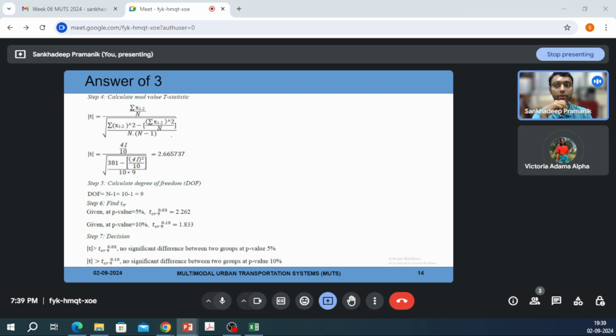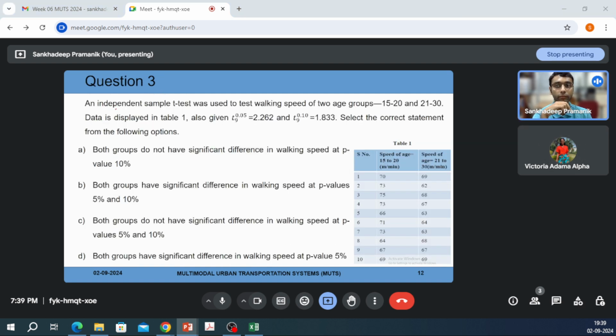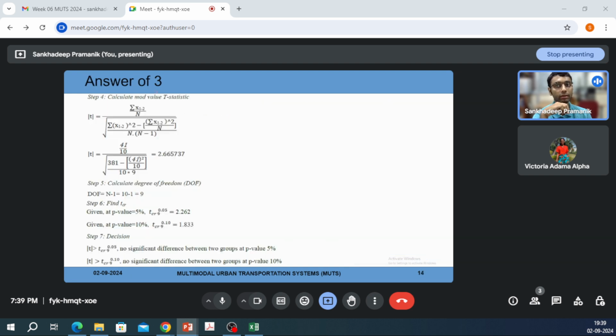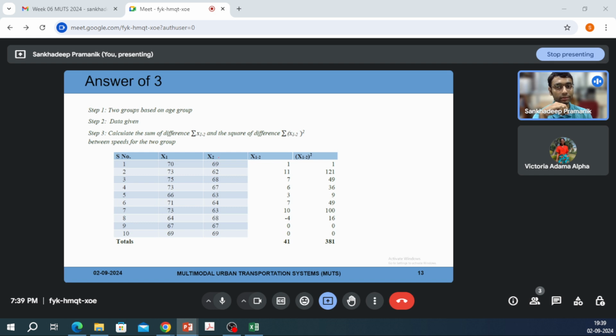In this question, for doing the independent t-test, we need to calculate the t statistic, for which we need to follow this formula, where x1 minus x2 is this one, that is 70 minus 69, 1, 11, 7, like that.